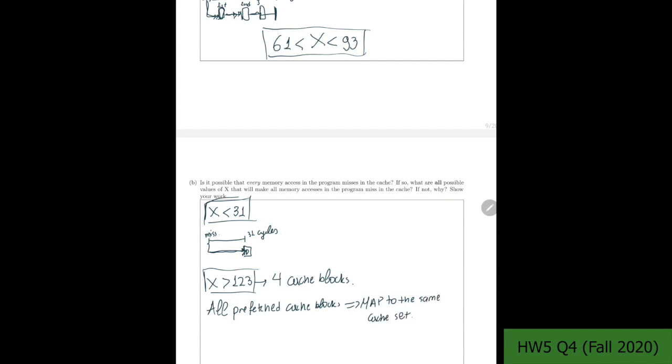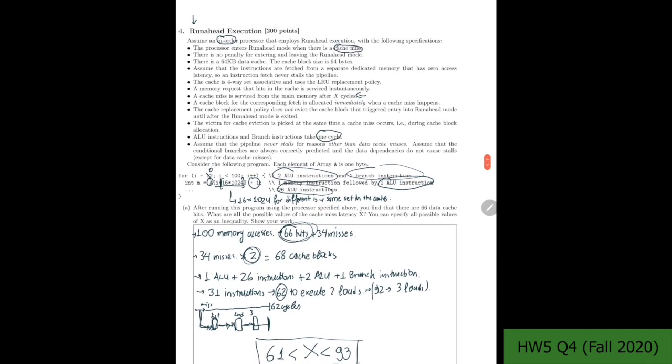So if they map to the same cache set, the latest prefetched cache block, the last one, will evict the first prefetched cache block in Runahead. This is not the one that triggered Runahead. It's the one that was first prefetched by Runahead, because it says in the intro of the exercise, in the definitions, that the cache replacement policy does not evict the cache block that triggered entering Runahead during Runahead mode.